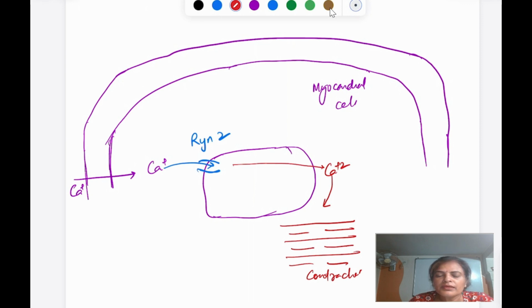From where it has come, the cell is going to send that calcium again to the same site from where it has taken it.